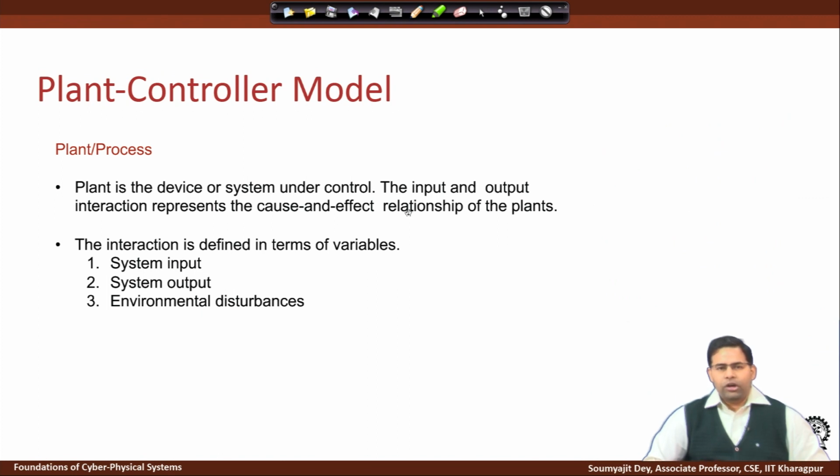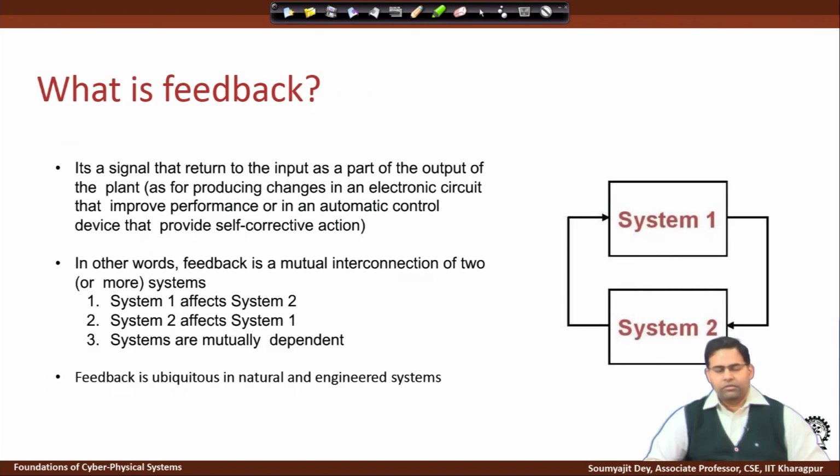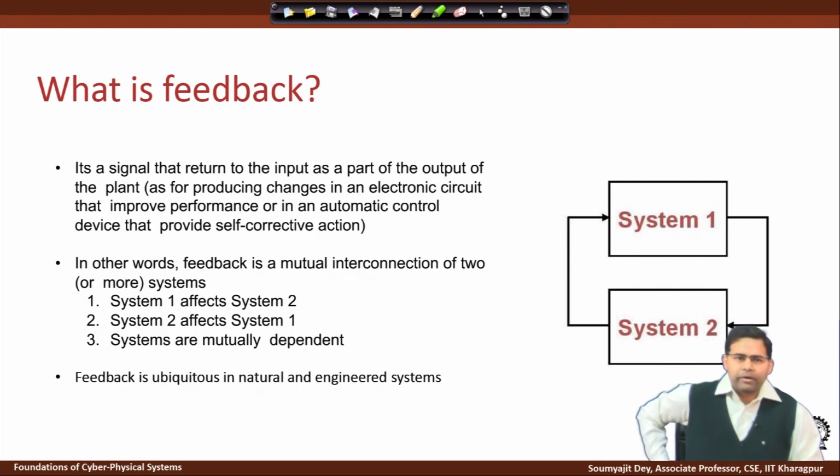So, what we need to talk about is, for such autonomous systems, what are the system inputs, what are the system outputs, and what are the external disturbances which I am unable to model using whatever artifacts we have described till now, right.